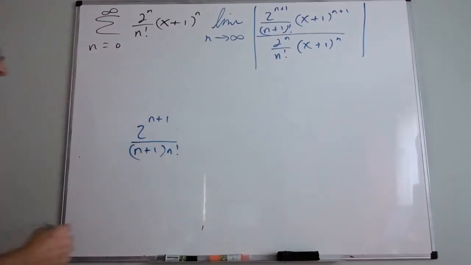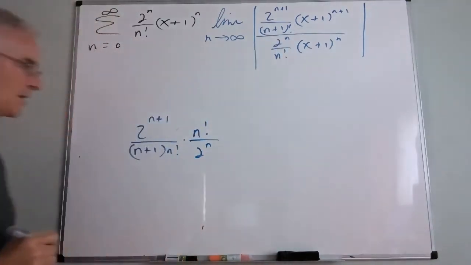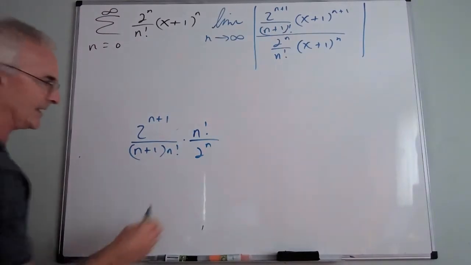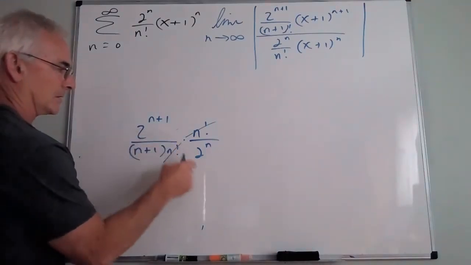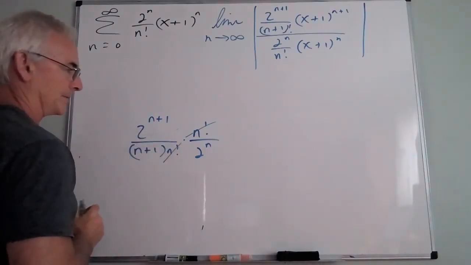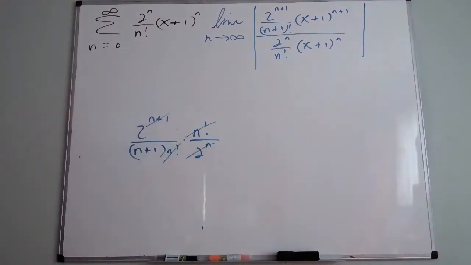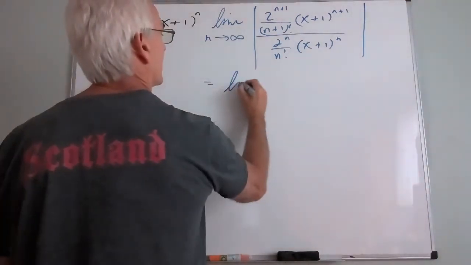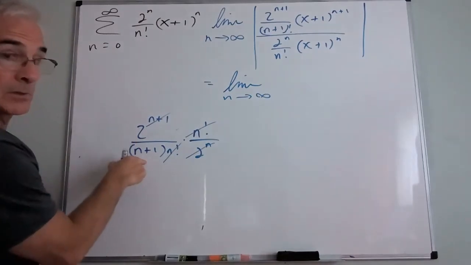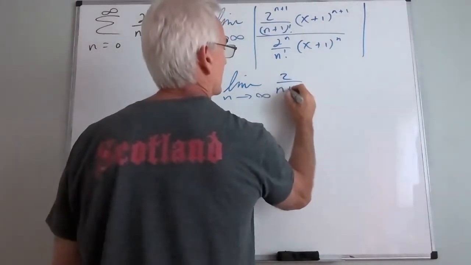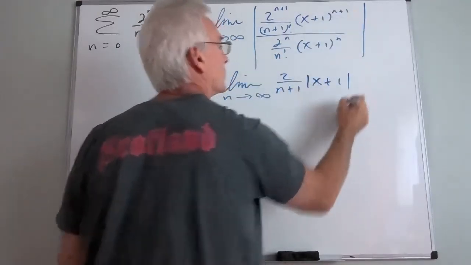Yes, I kind of need to do that. Now, let me flip this one up. I'm doing this off to the side so I don't lose myself. Do I get canceling? Yes. Any others? Yes, the 2 to the n times 2. So what does that leave me with in terms of the coefficient part? 2 over n plus 1. Yep. How about this part here? Absolute value of x plus 1.